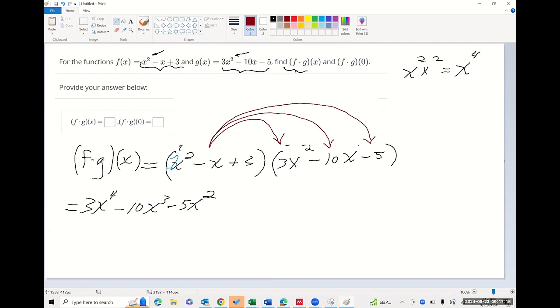So negative x, remembering there's a 1 here. Negative x to the 1 times 3x squared is minus 3x to the third power. You're adding the 1 and the 2.